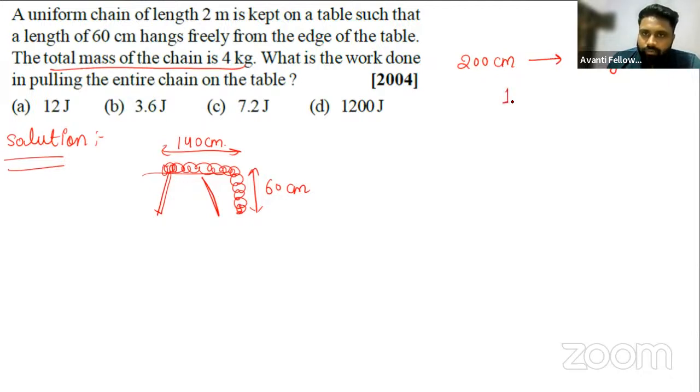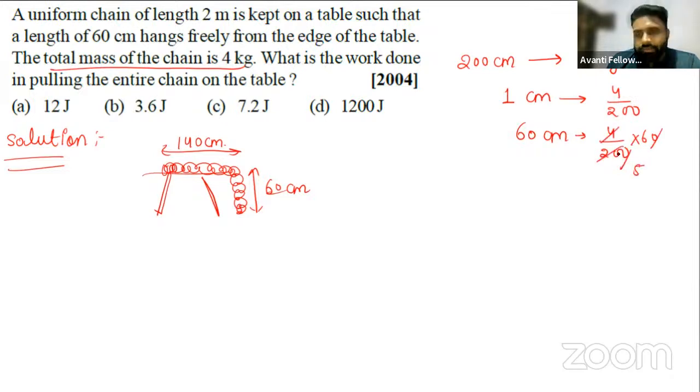Now for 1 centimeter, it is 4 by 200, and we have to calculate it for 60 centimeter. So 60 centimeter is nothing but 4 by 200 multiplied by 60.